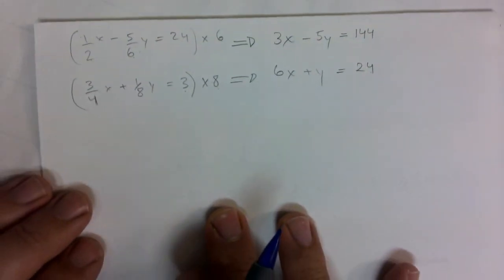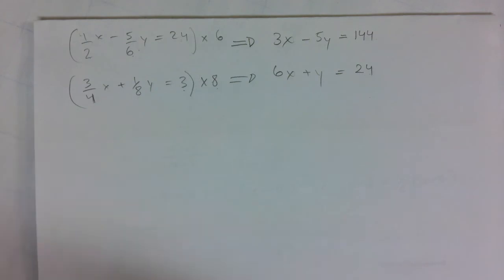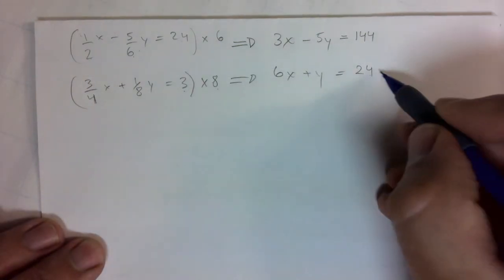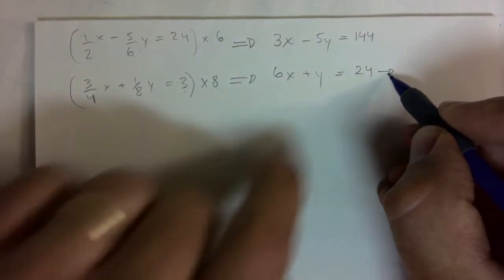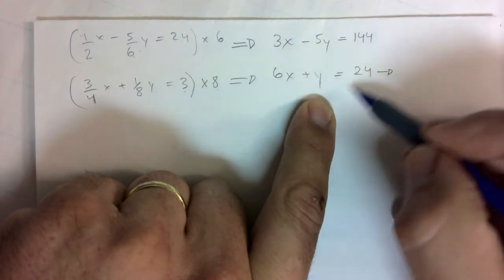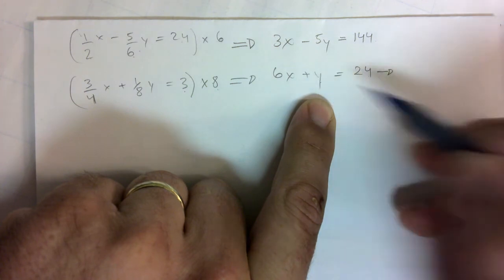Okay. So let's go. What do we do from here? We have choices, okay? I'm going to do substitution method first. From here, I'm going to make an arrow. I'm going to derive from here. I'm going to isolate y because I see in this system, this has a coefficient of 1.